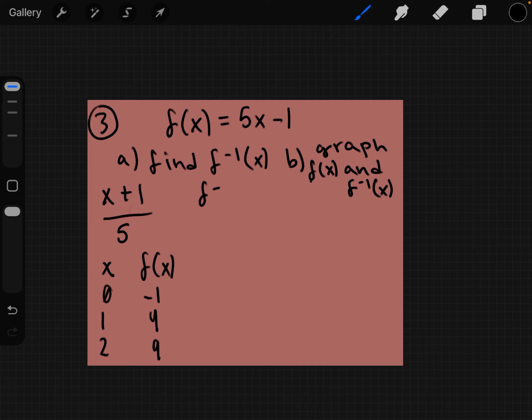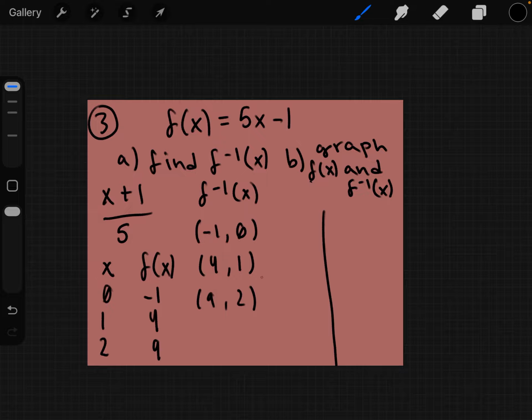The inverse, like I just told you in the last problem, you just flip those around. So 9, 4, 1, 2.